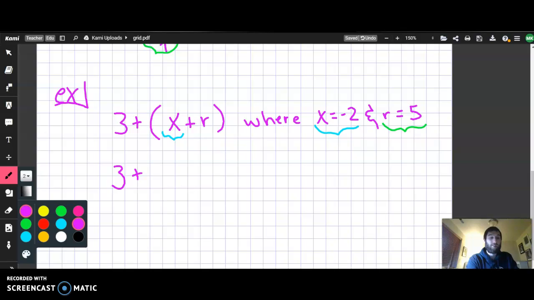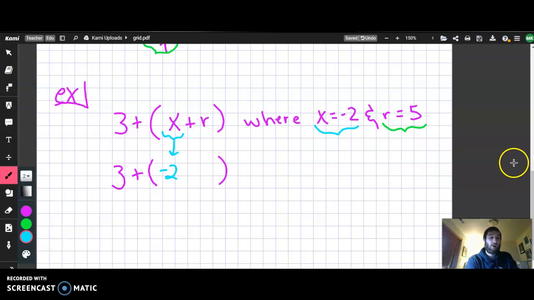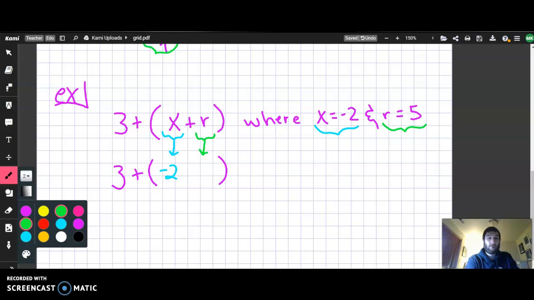The 3 plus stays the same, so that stays purple. The parentheses are still there. We haven't actually combined anything yet, so that stays as well. The only thing that changes is that x is a negative 2, emphasis on the word is, and r is 5.